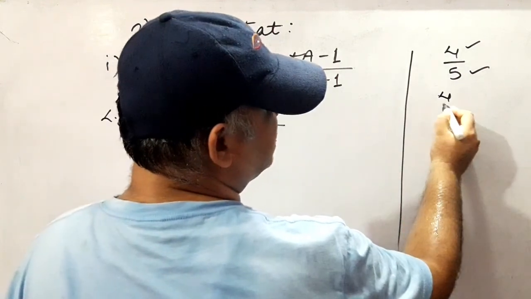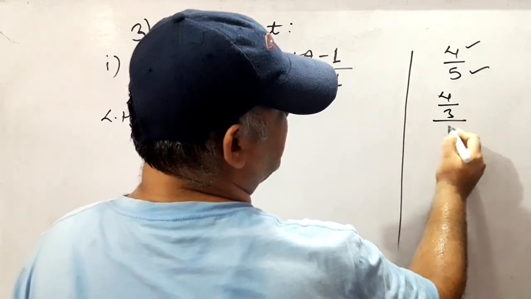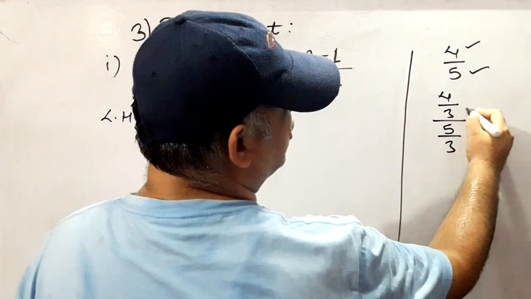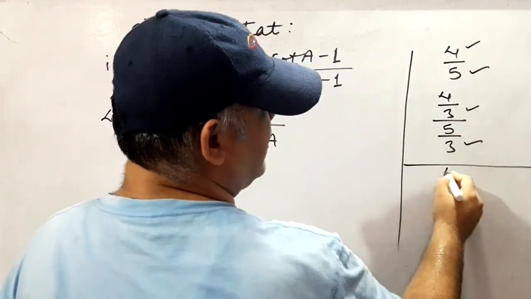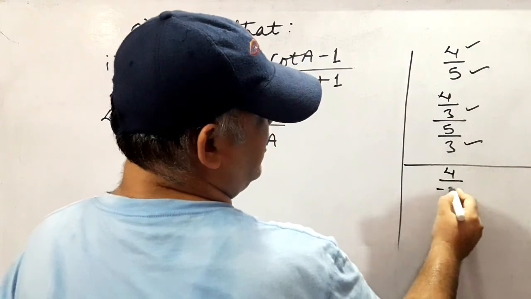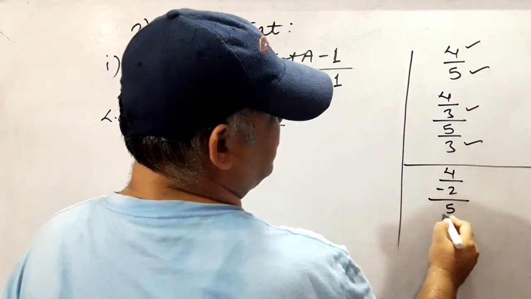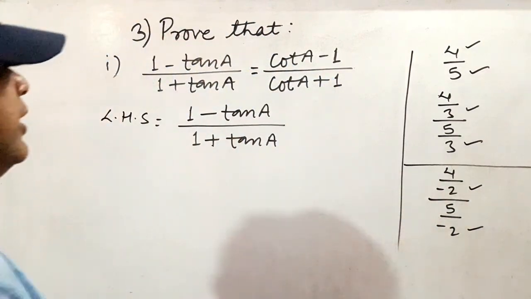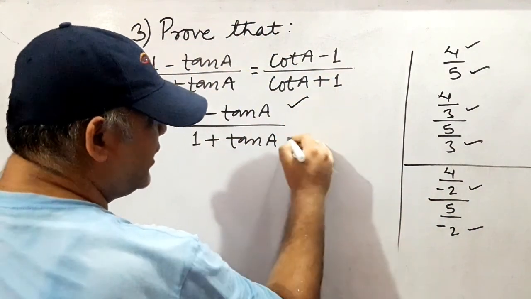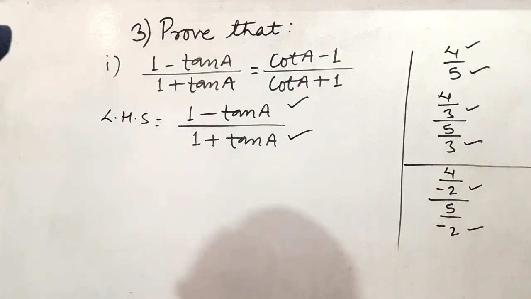Like I can divide by 3, 4 by 3 and 5 by 3, with a common integer 3. I can divide them by a negative number, minus 2, with a common integer minus 2. Similarly, here also in the numerator and denominator, let's divide them by tan a.